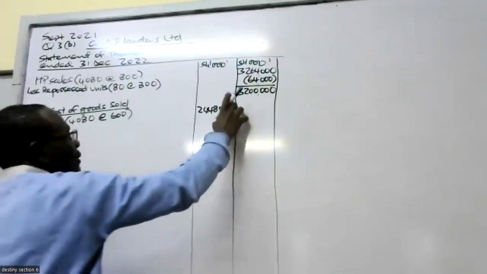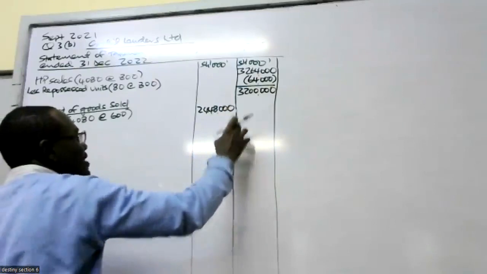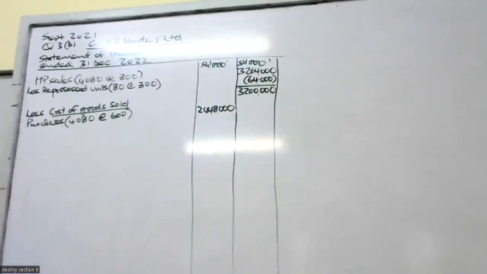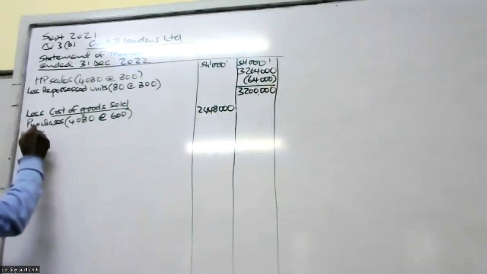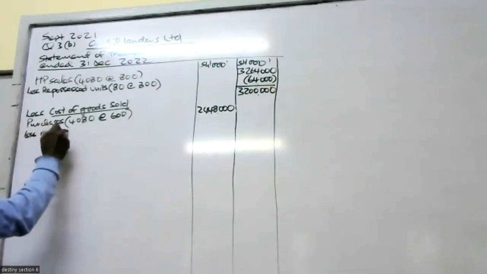Then we can say the closing stock is the 80 units that have been repossessed, and the valuation has been provided. You get the valuation at the end of note 4. The last sentence says the repossessed units were valued at 520 each. So less repossessed stock.